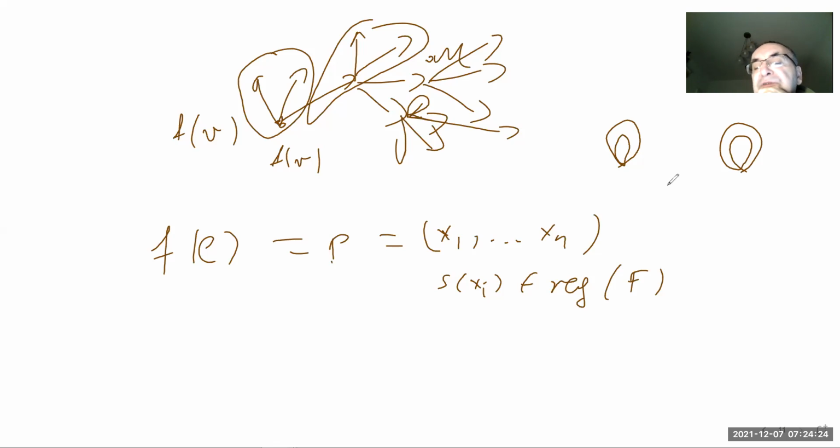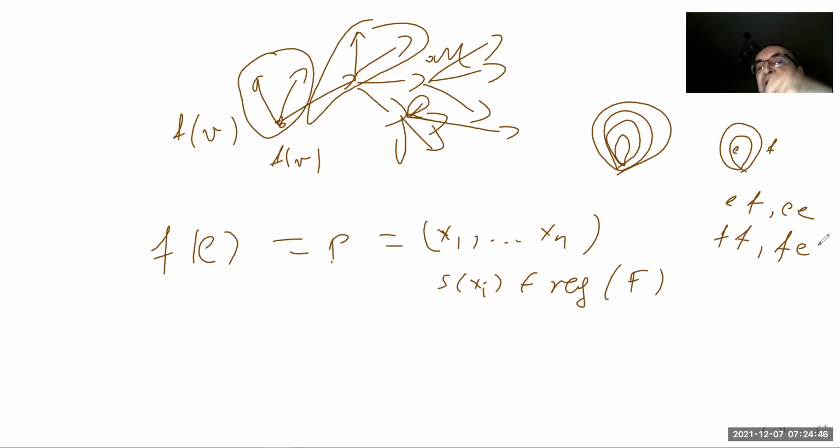So maybe here I should have more edges, like 4. I said I have 4 edges, and here I can very easily have 4 paths. I can have EE, EF, FE, and FF. I have very easily 4 different paths, and I can map each edge into different paths, and it works.